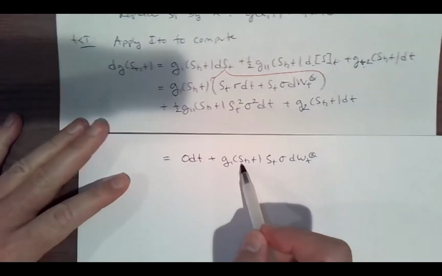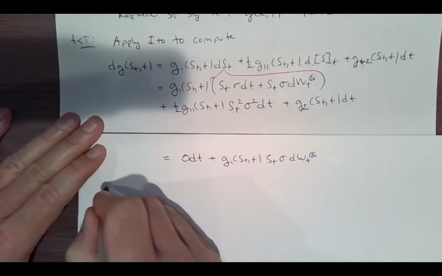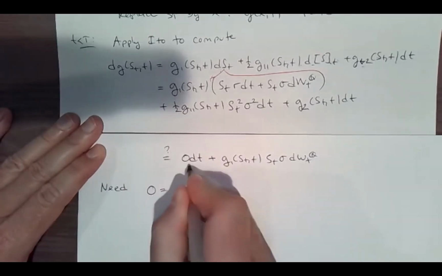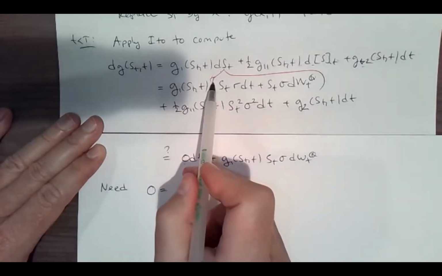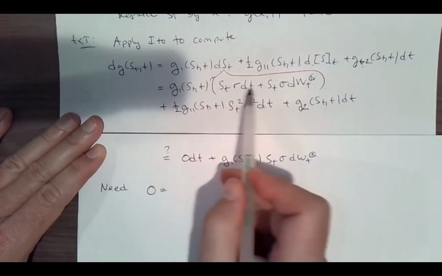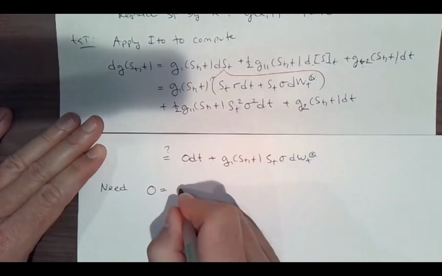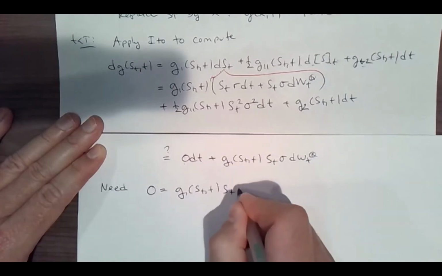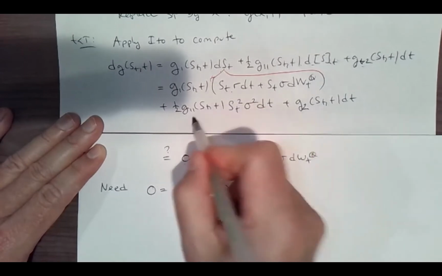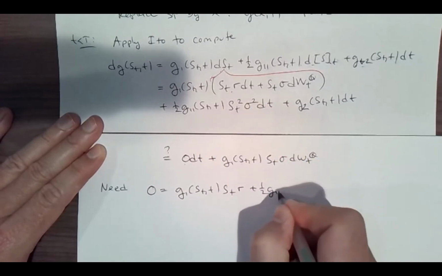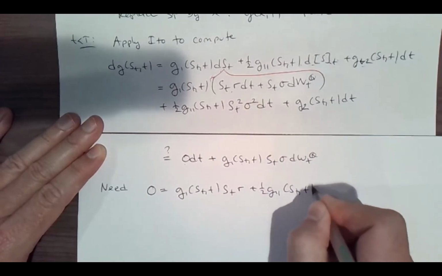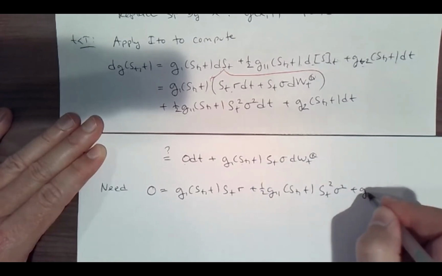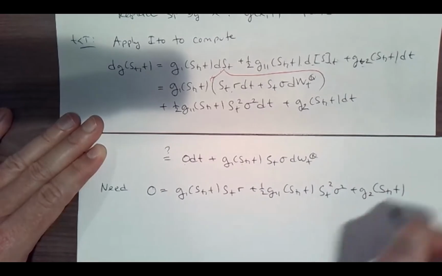So now I get my PDE. This 0 here has to be equal to everything up here that sits in front of dt. So I'll get g1 of S_t and t S_t r plus 1/2 g11 of S_t and t S_t squared sigma squared plus g2 of S_t and t.